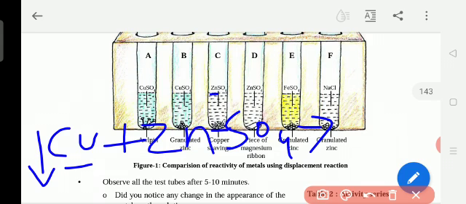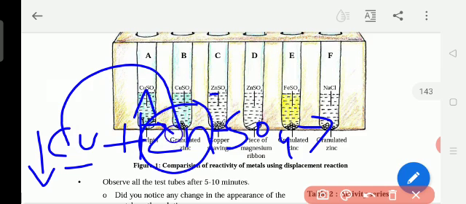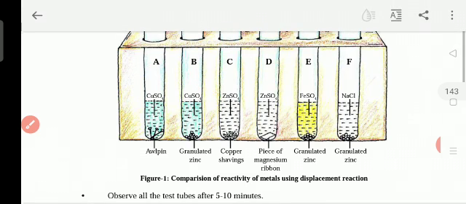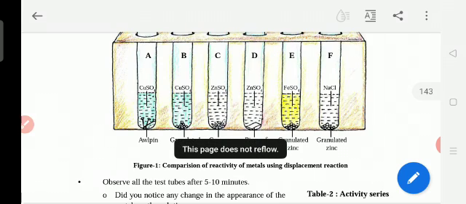Arrow mark down means less. Zinc, arrow mark up means more. So zinc is more reactive. So that is why here copper is not displacing the zinc. Copper is not displacing the zinc. Why? Because zinc is more reactive than the copper. Here when we see the copper sulfate solution, this color is the blue color.